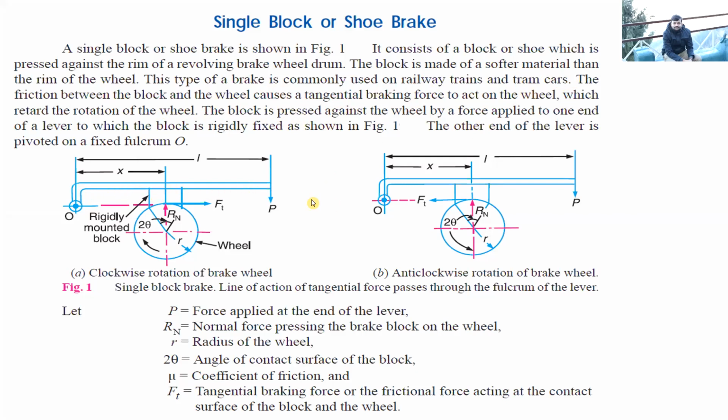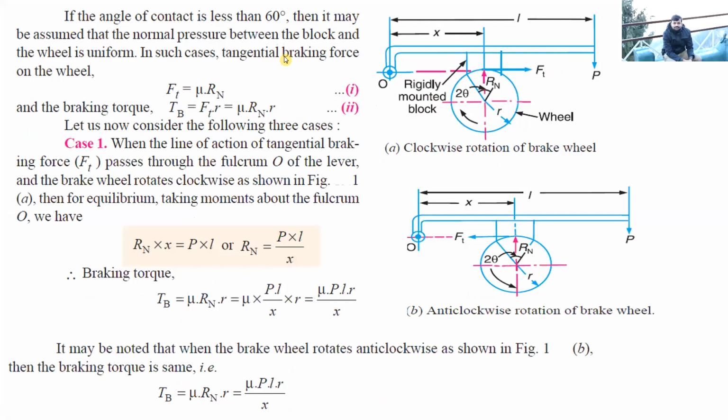Now, as you can see, if the angle of contact is less than 60 degrees, then it may be assumed that the normal pressure between the block and wheel is uniform. So the pressure which is distributed over this entire block is a normal pressure.